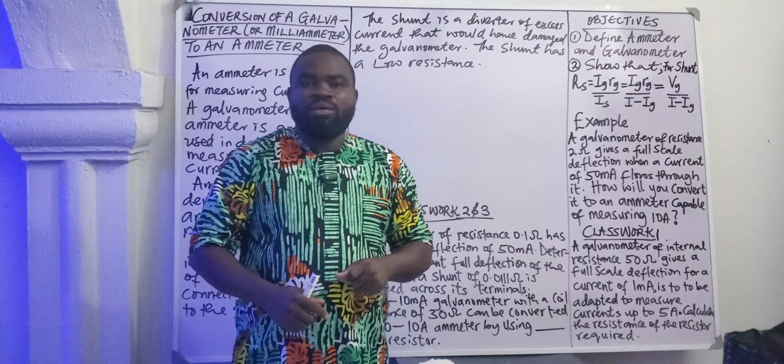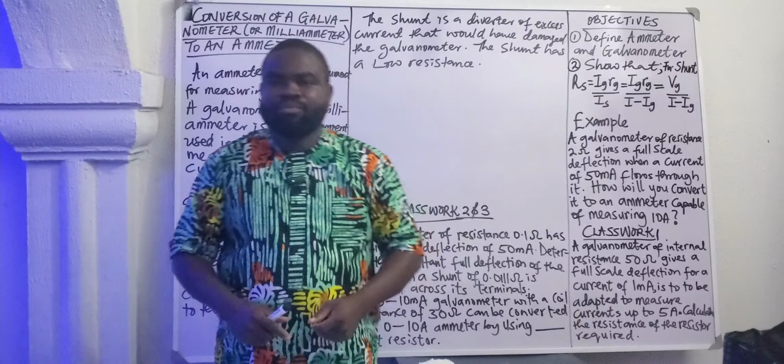If you have a galvanometer, for example, that can measure a current of 50 milliamp, that is the full scale deflection of the current that the galvanometer can take. It means if you pass a current greater than 50 milliamp through that galvanometer, it will destroy it, damage it, burn it. Yet, we want to pass a large amount of current, for example, 10 amp through a 50 milliamp galvanometer.